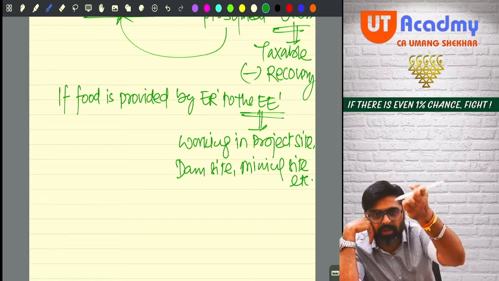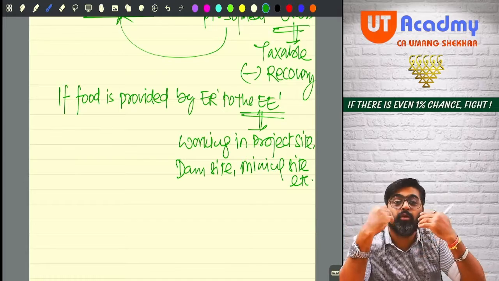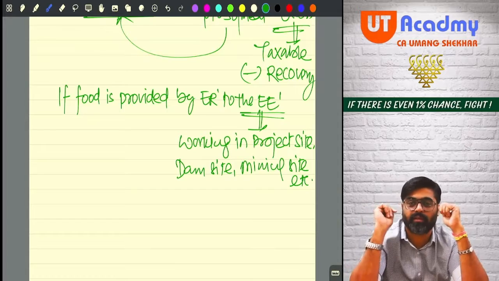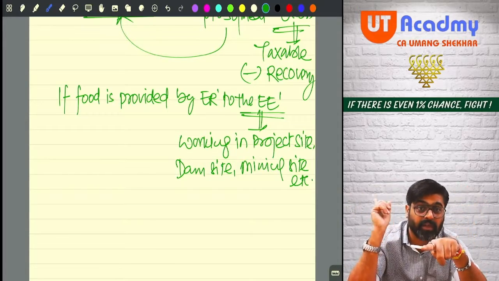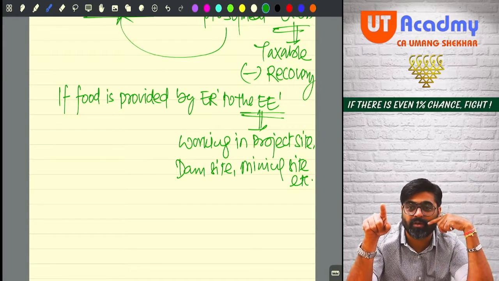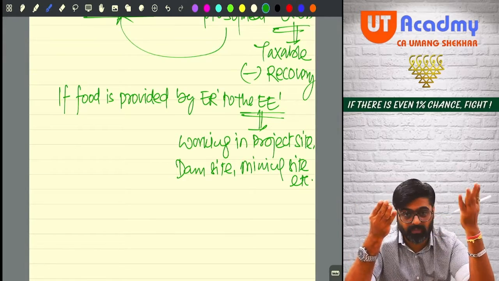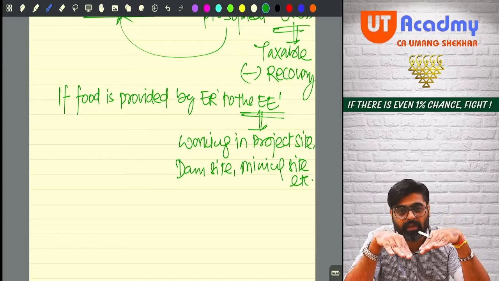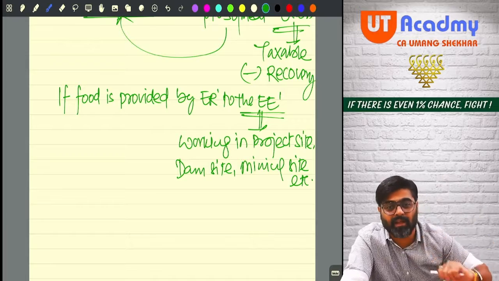If the employer is providing you meals in such places, he is not giving you some personal benefit. He is rather fulfilling his responsibility. Just imagine, in such areas, if accommodation was given, the value of that accommodation was exempt, yes or no? So if you are being sent to work in such areas, then it is the responsibility of the employer to accommodate as well as feed you in that area, no?